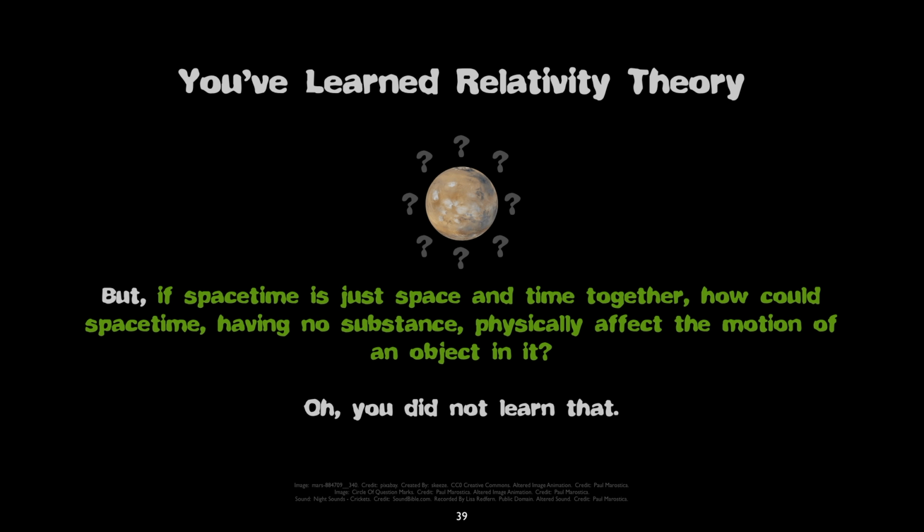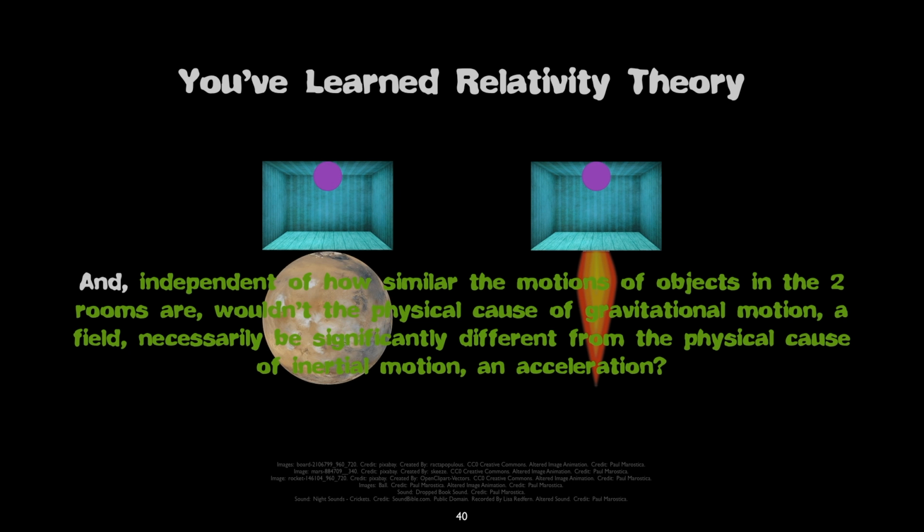Oh, you did not learn that. And independent of how similar the motions of objects in the two rooms are, wouldn't the physical cause of gravitational motion, a field, necessarily be significantly different from the physical cause of inertial motion, an acceleration? Oh, you did not learn that.